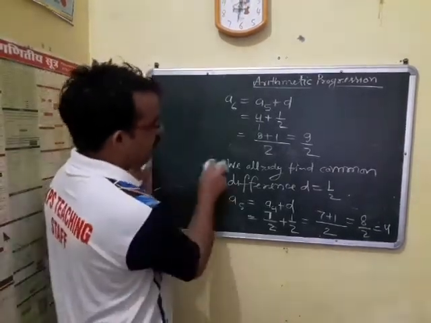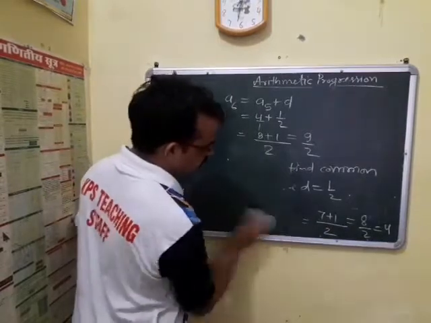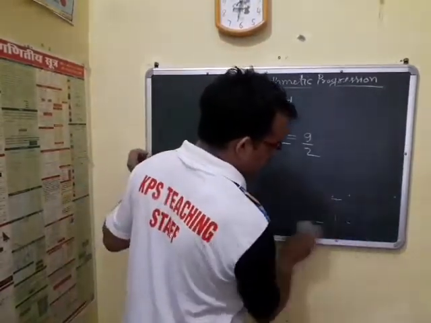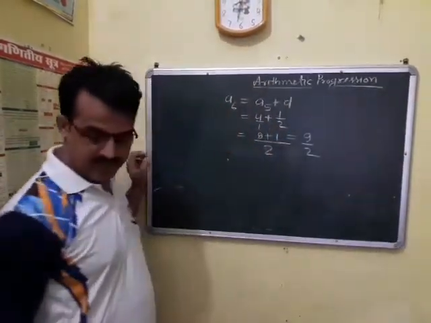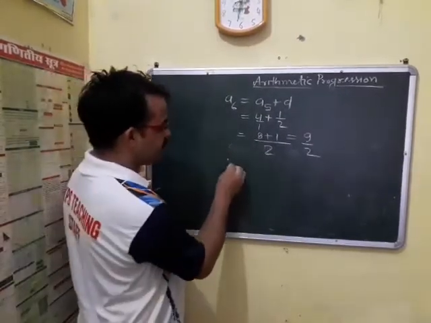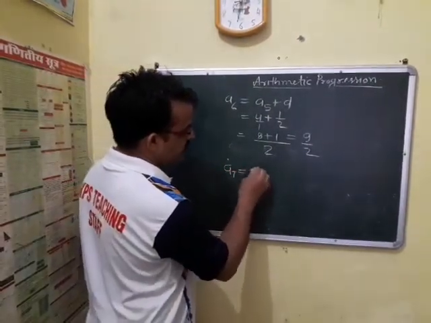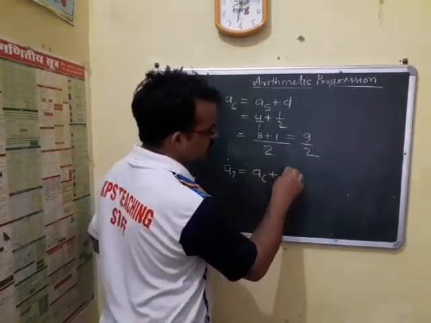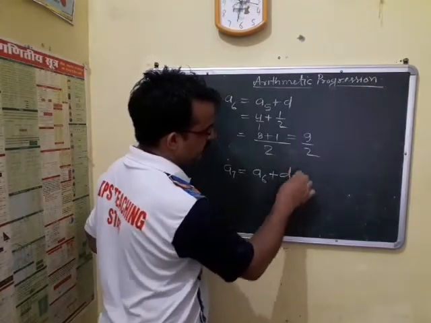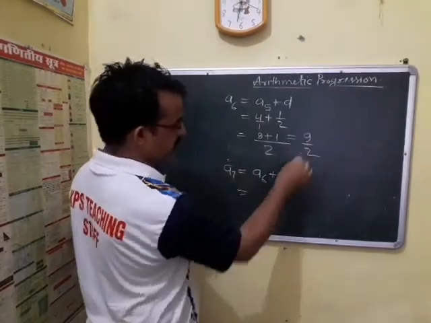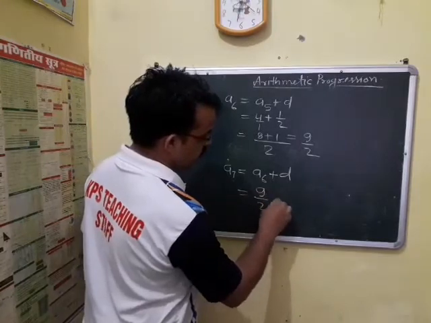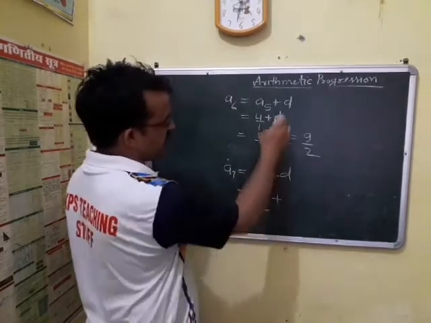And find A7, the last of the three terms. A7 is A6 plus D. A6 we found is 9 by 2 and D is 1 by 2.